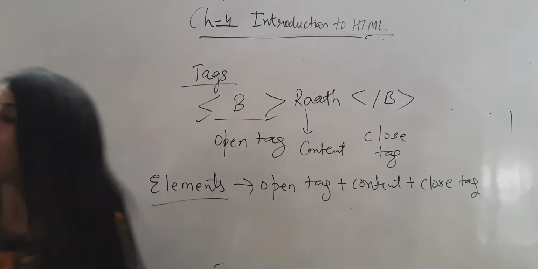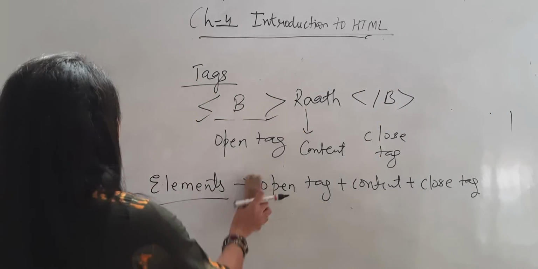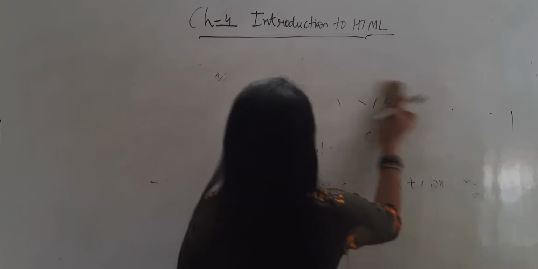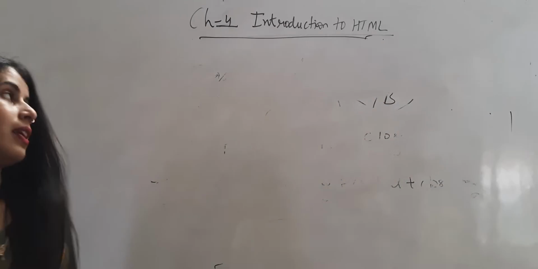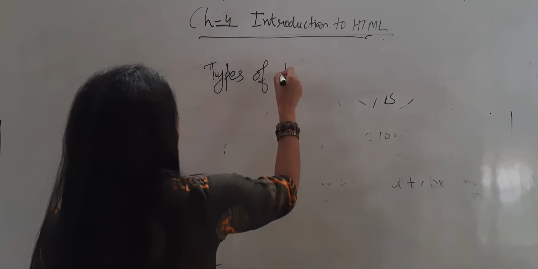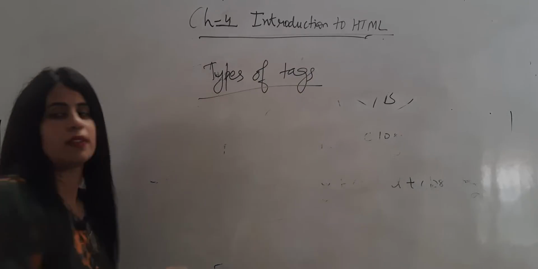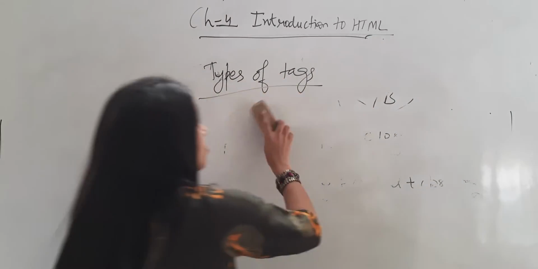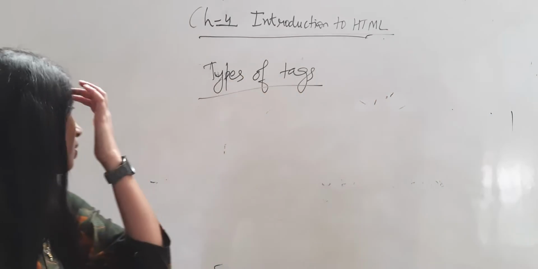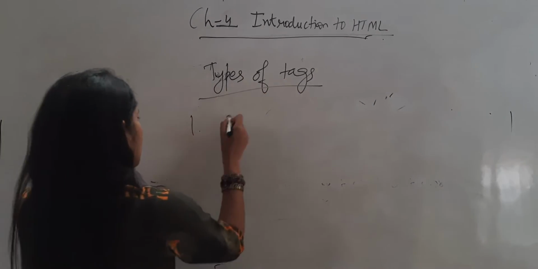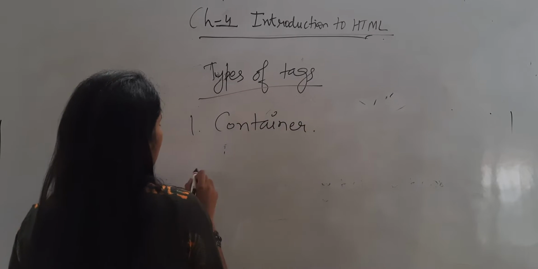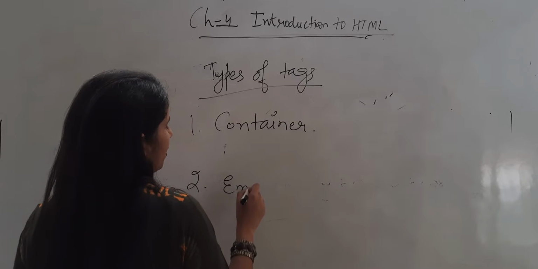Now we should discuss the types of tags. Tags are of two types. The first one is container, and the second one is empty.